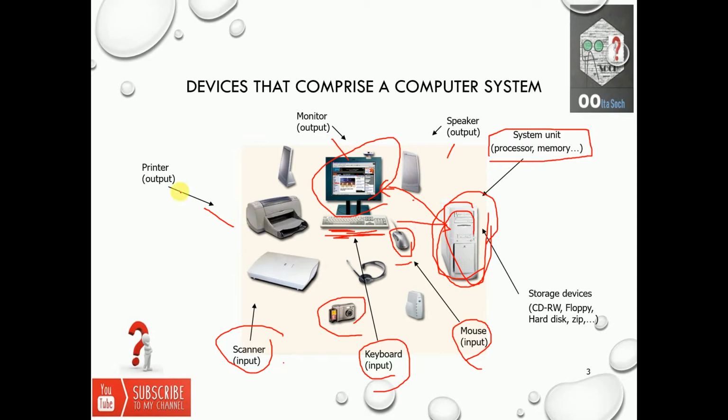Similarly the speaker. You want to listen to a song. Simply you put the input through mouse, the input through keyboard, and whatever you want to listen, you will listen here. So this is input, this is process, this is output, right?